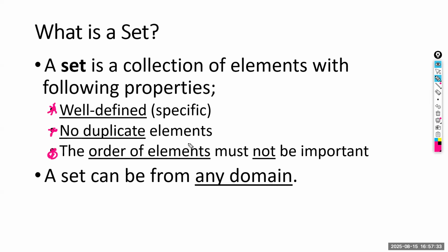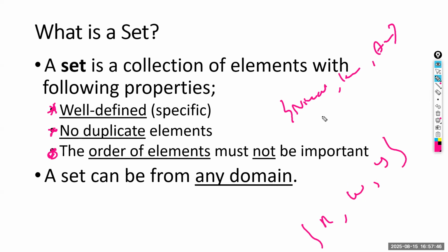It's a collection of elements, yes, like Nimal, Kamal, Amal, or it can be red, white, yellow, or it can be 5, 12, and 9, or it can be Nugegoda, Maharagama, and Homagama. But you can't just give something like this and say this is a set. If it is a set, it must satisfy these three properties. Otherwise, it's not a set.